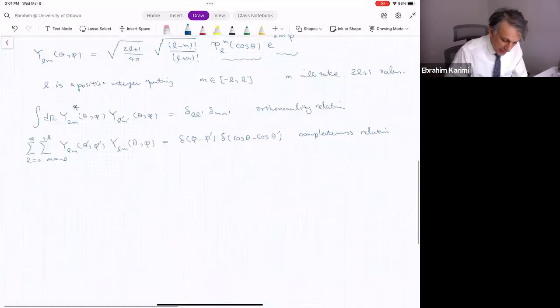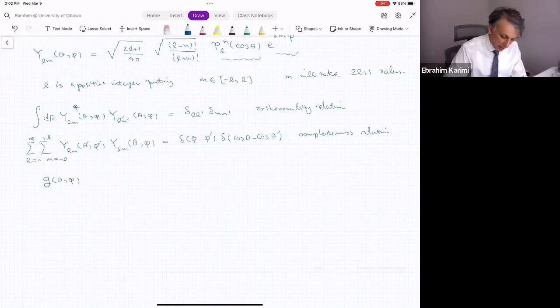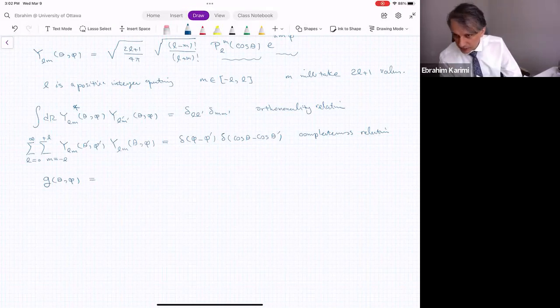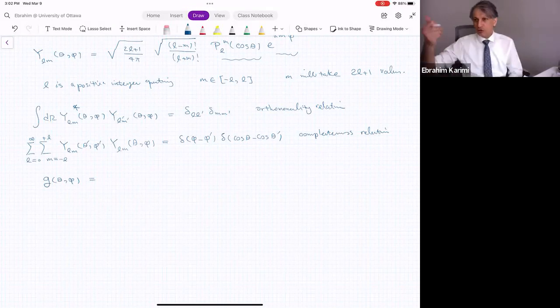So indeed, if you have an arbitrary function of theta and phi, then this arbitrary function can be expanded in terms of spherical harmonics, because we are talking about theta and phi of spherical coordinates.